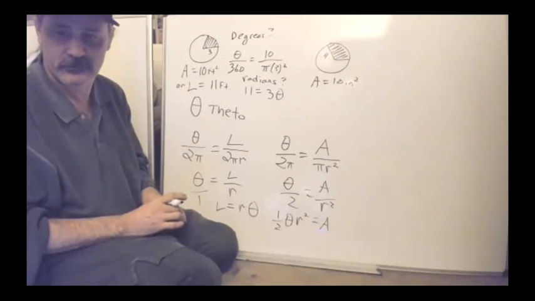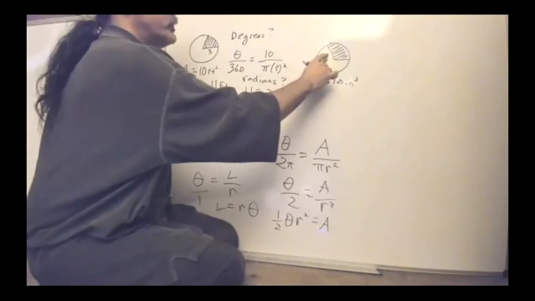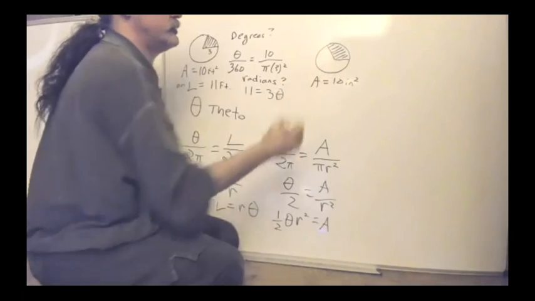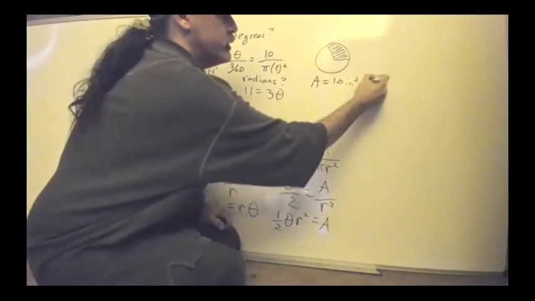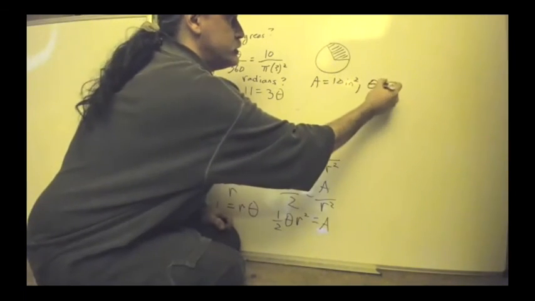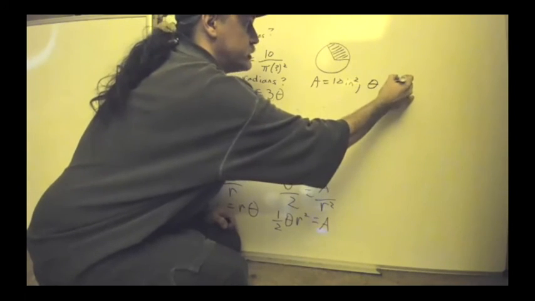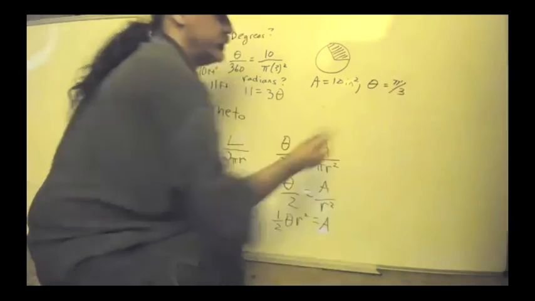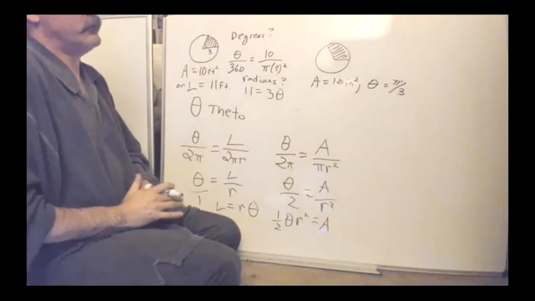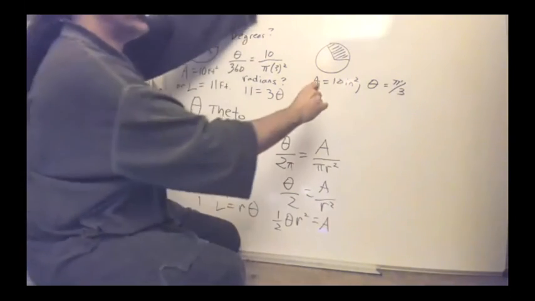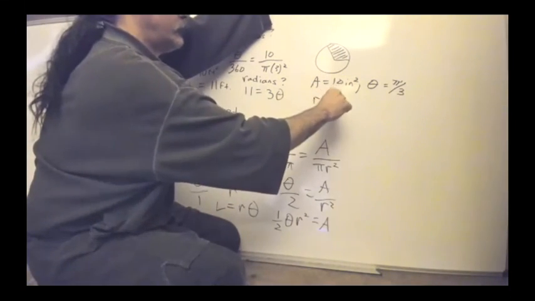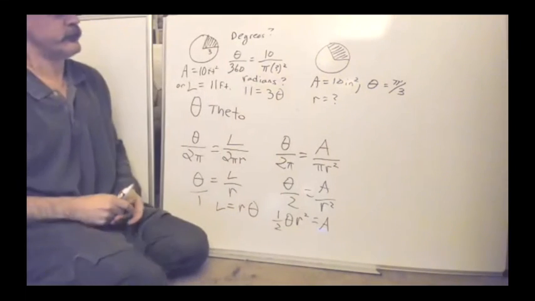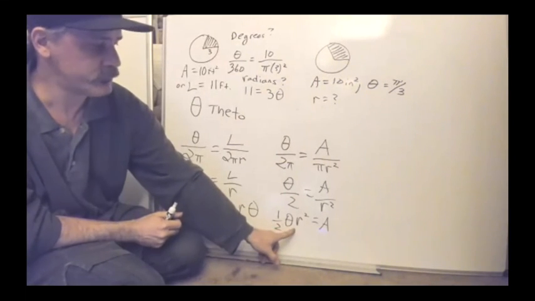Okay, and let's say that we don't know what the radius is, but we know that the radian measurement was pi over 3. So I'm just making up a number. All right, well, what would the radius be? We're going to use this formula.